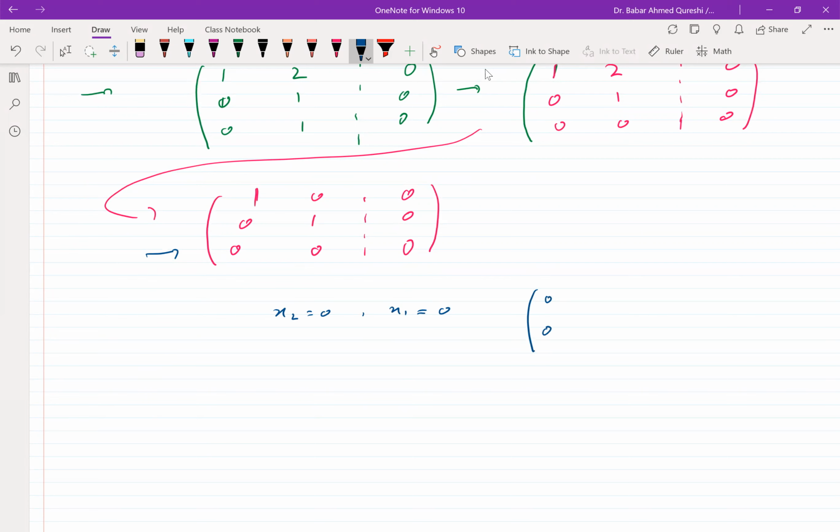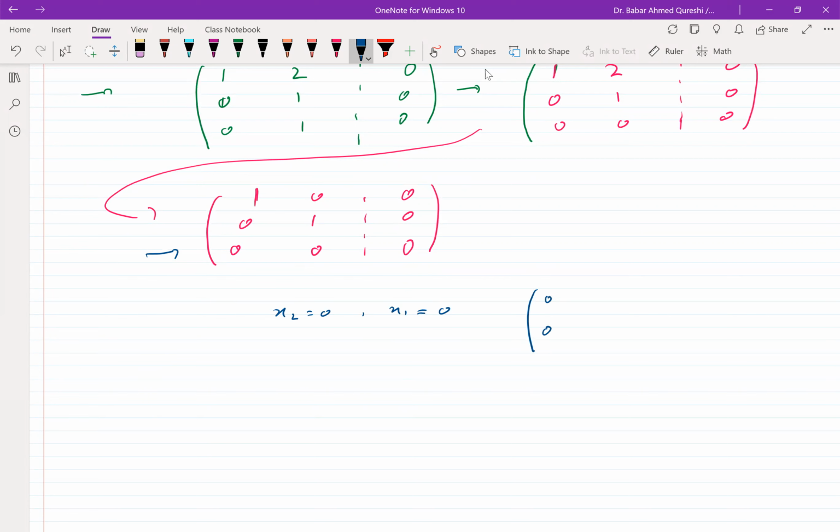Now I can take x2 to be arbitrary, so alpha, and then x1 and x3 will be computed in terms of it.